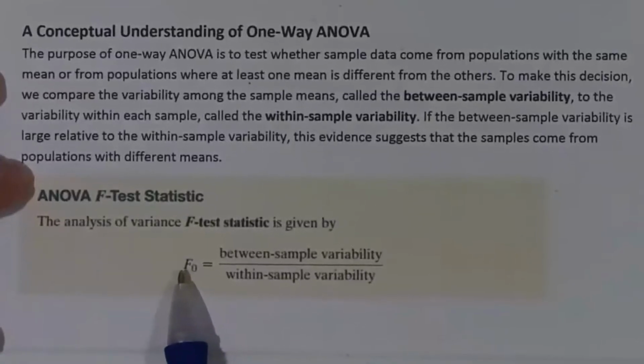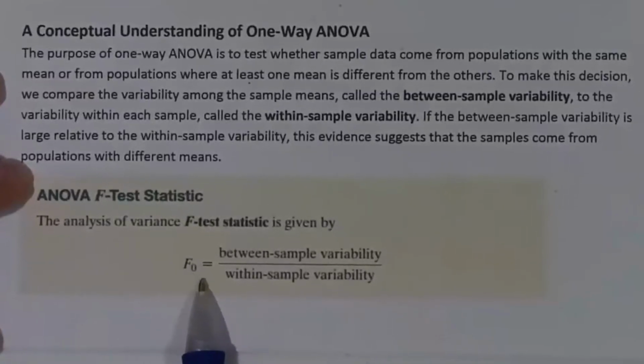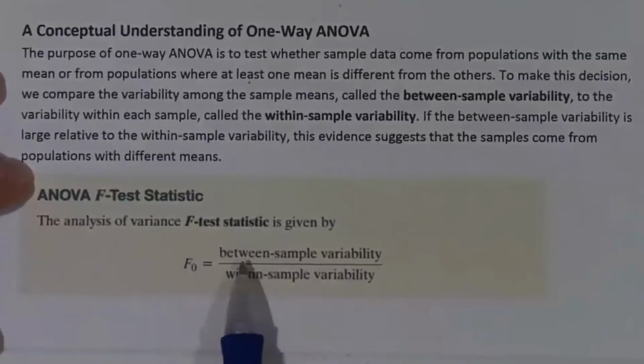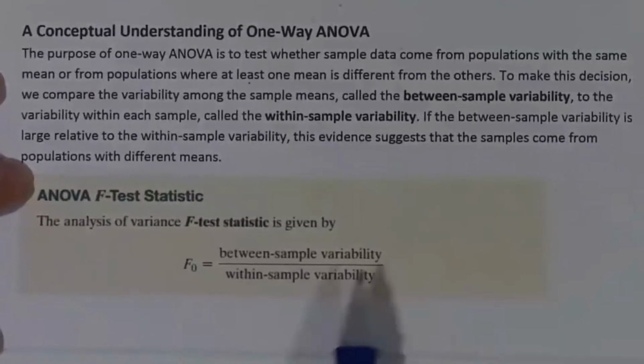The test statistic is F sub 0, and that is equal to the between sample variability divided by the within sample variability. So we're going to be looking at that ratio. That gives us the F statistic. And we're going to compare that to critical values, or we're going to find the p-value, one of the two.